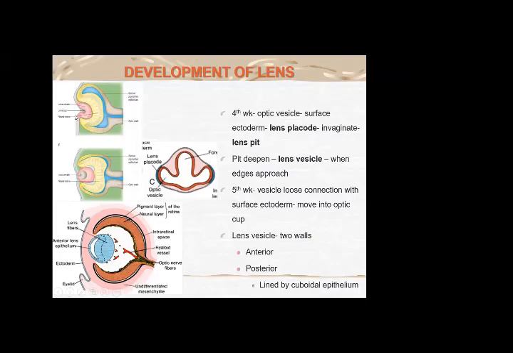When this thickening of the ectoderm turns inwards, then the lips of this invagination fuse with each other and they develop into lens vesicle. पहले लेंस पिट बनी थी, फिर लेंस वेसिकल बना, और लेंस वेसिकल then loses its connection with the surface.